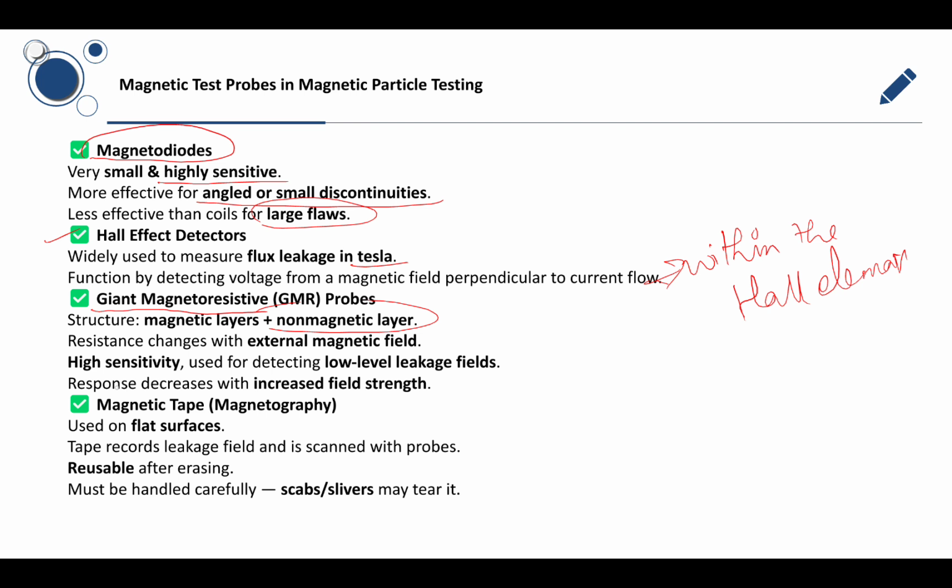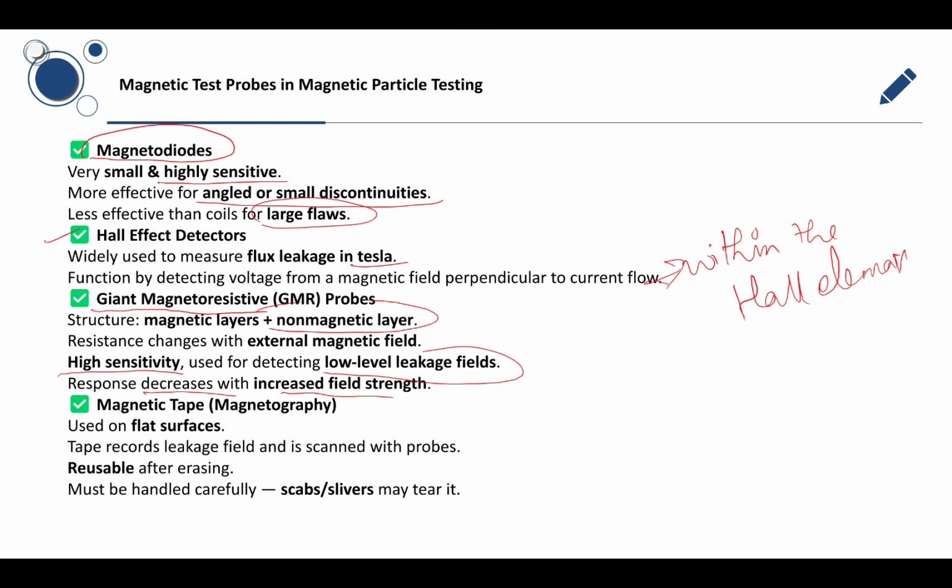They offer high sensitivity and are particularly useful for detecting low-level leakage fields. However, their response decreases with increased field strength, meaning they are best suited for weaker fields.